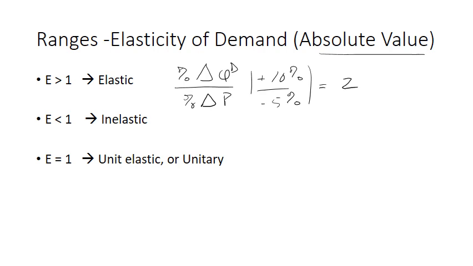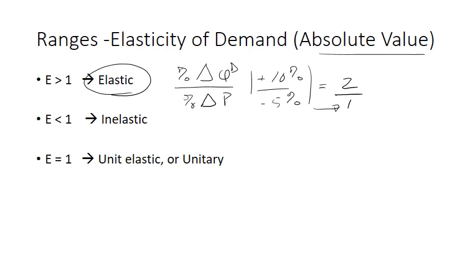So your elasticity would be equal to 2. It's greater than 1, and we would describe this as elastic, or some people like to think about it as responsive. Sensitive is another synonym. What it means really is that for every 1% increase in price, you can expect that there will be a 2% decrease in quantity demanded. Keep in mind, we took the absolute value bars. Otherwise, this would have been a negative 2.